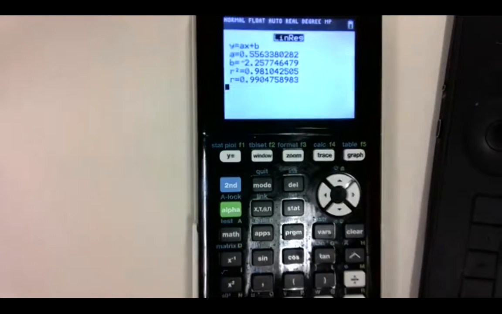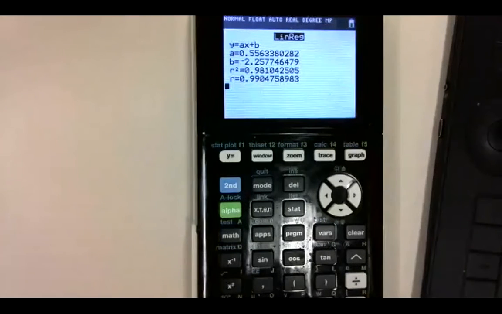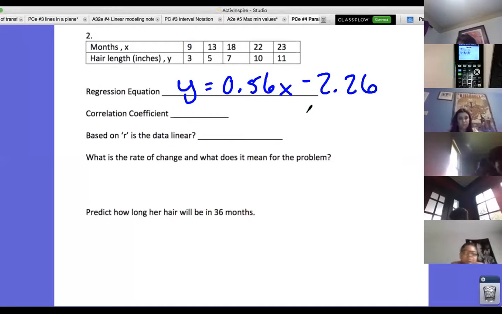My regression equation is just going to be y equals 0.56x minus 2.26. So if I share screen here with you, there's what I've got. That's my equation.